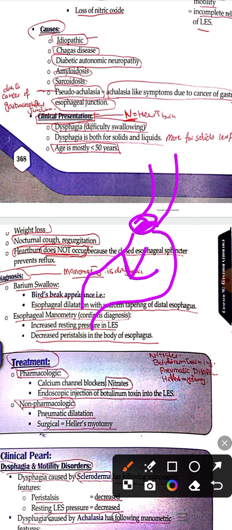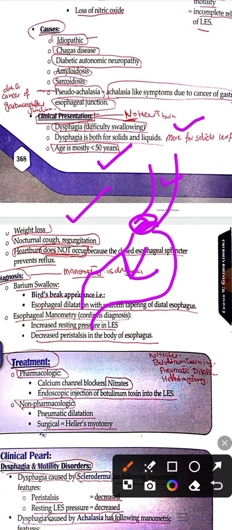Initially it is intermittent dysphagia, sometimes dysphagia occurs, after that it becomes persistent dysphagia. At first it is for solids, then for semi-solid foods, and then for liquids also. Age is mostly less than 50 years.